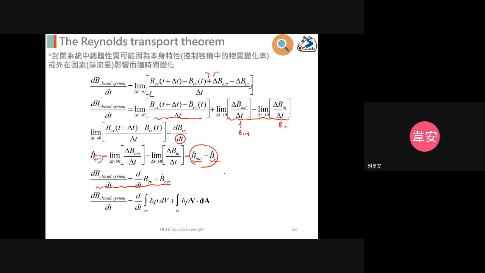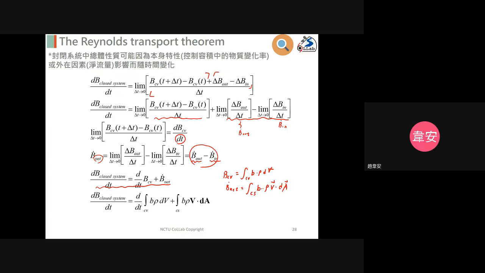And we know that the BCV is also equal to the integration operator along the control volume of small b multiplied by rho dV. And the B dot net, we know that is the integration operator along the control surface, and we have rho b velocity vectors dot producted by the cross-section area vectors.